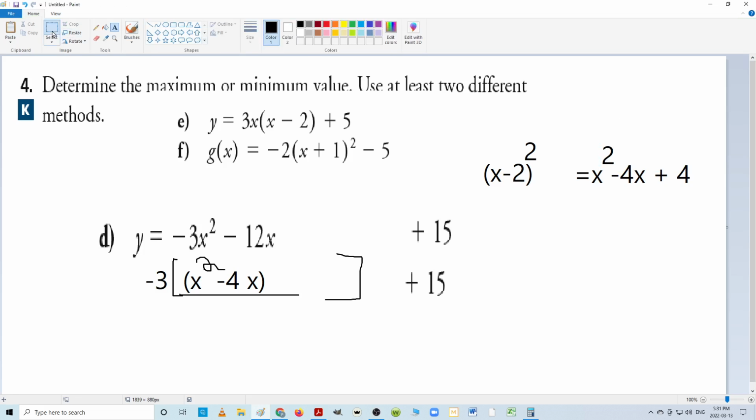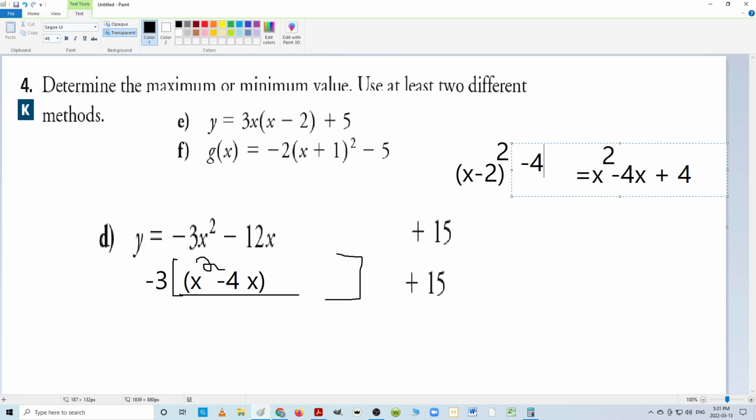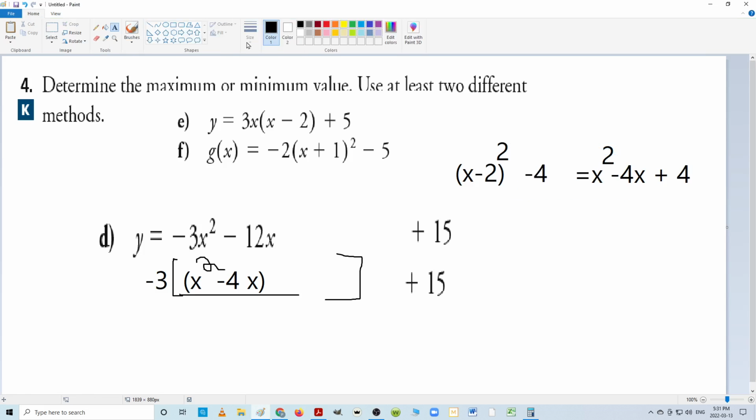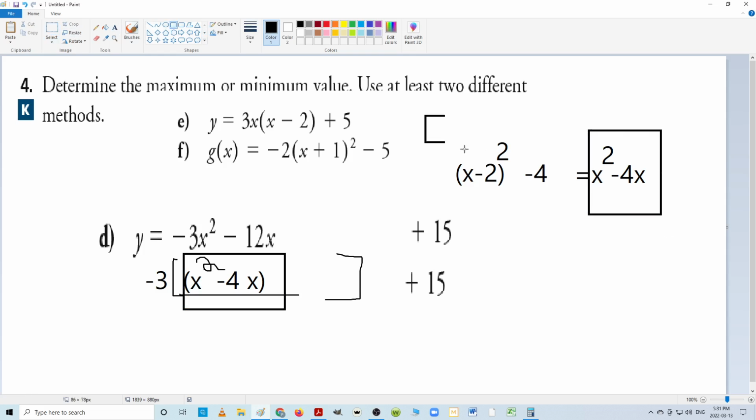And if I subtract 4 from both sides, I get this. So when I subtract 4 from both sides, this 4 essentially moves to the other side of the equation. And now I can see I can replace this with that.